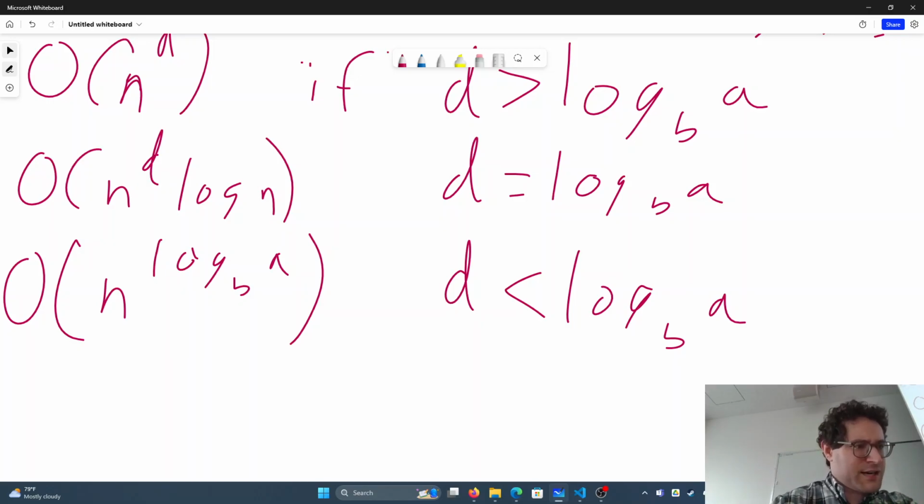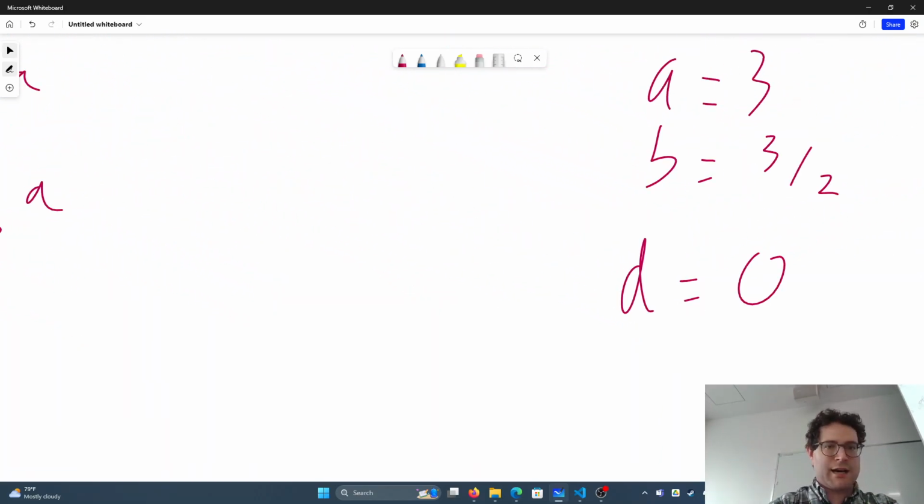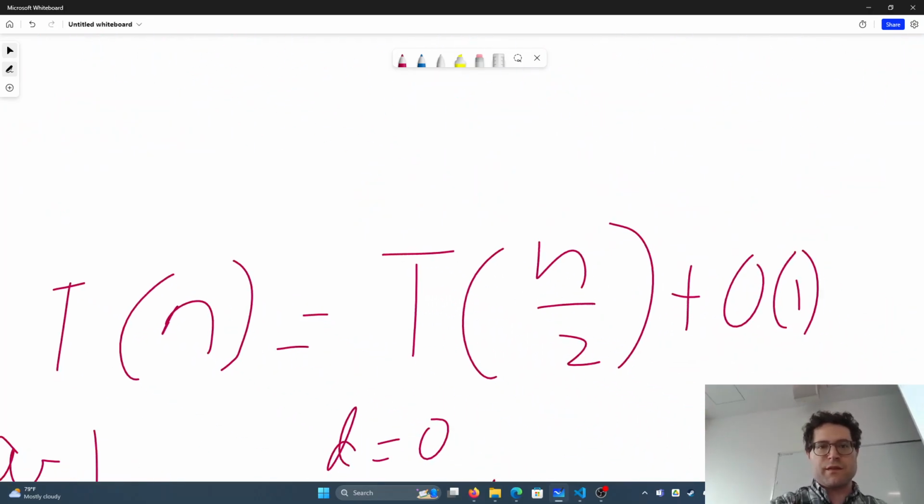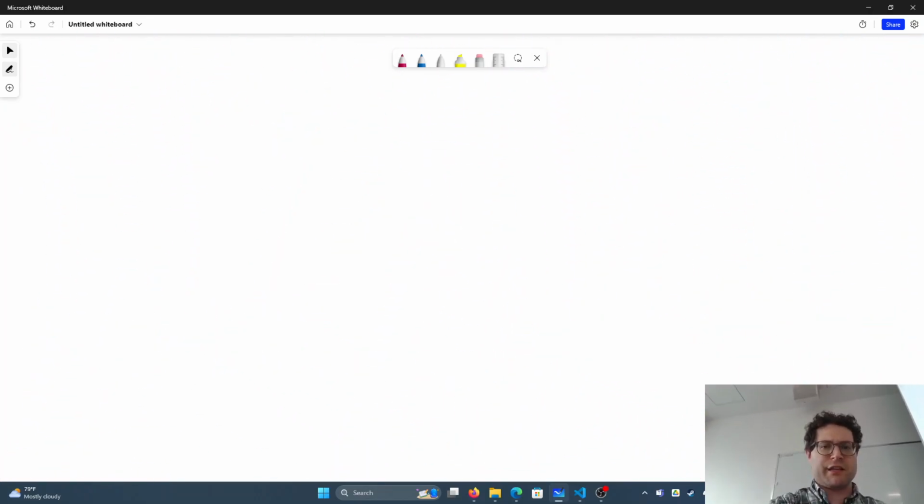Now, it's a bit trickier to use it on something like sequential search, which if we were to define it recursively, or selection sort. So let's define selection sort.